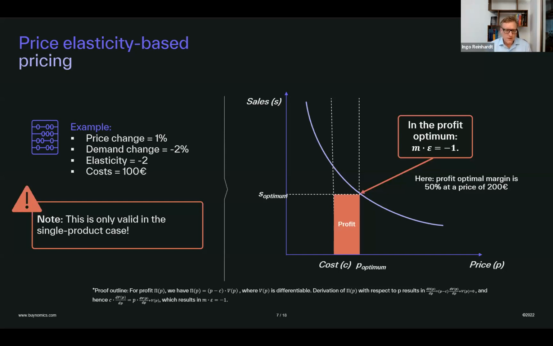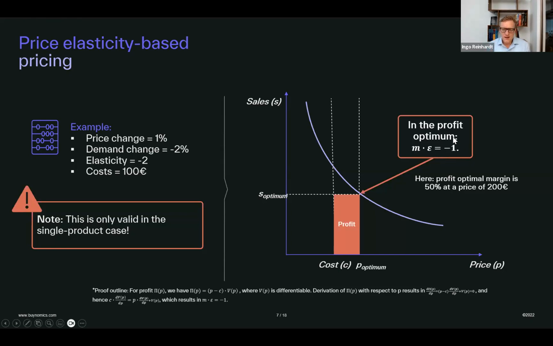And I would say the most important insight on price elasticities is the relationship we have here on the right side of the slide. If I know my margin and my price elasticity, I also know where the profit optimal price is, because in the profit optimum, I always have margin times price elasticity equal to -1.